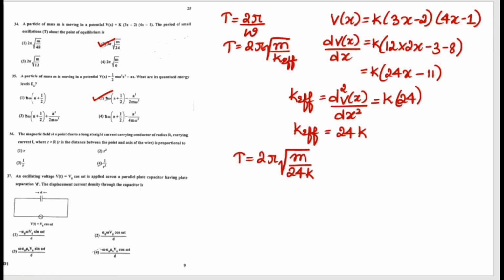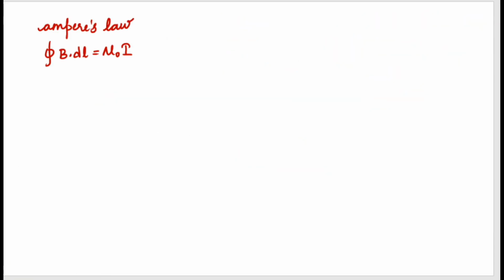Now I see the current carrying conductor is circular in shape. So this dl integral I can write as magnetic field B into 2 pi r, where r is the radius from point P to the axis of the conductor, right? So it will be equal to mu naught into I.